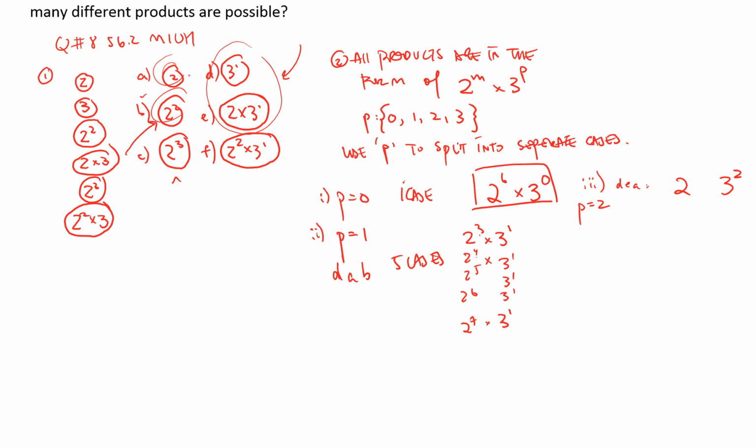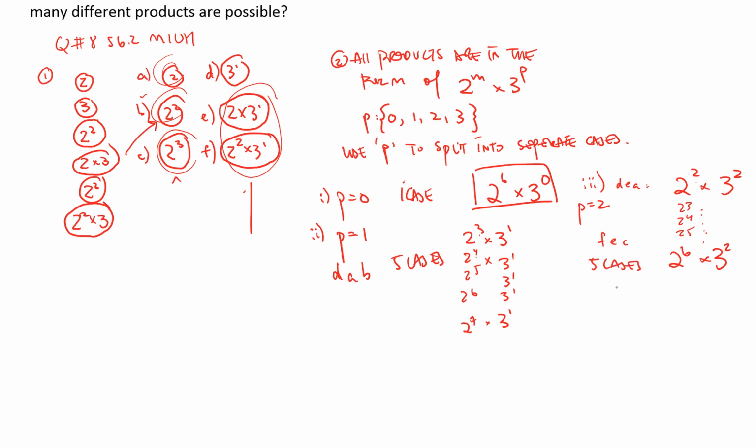And let's say we want to find the biggest one. I'll take these 2 from the right column, and I'll take this last one here. So I'll take FEC. It'll be 3 squared times 2 to the power 6. And that means in between you can have 2 to the power 3, 4, and 5. So 1, 2, 3, 4, 5. So 5 cases as well.